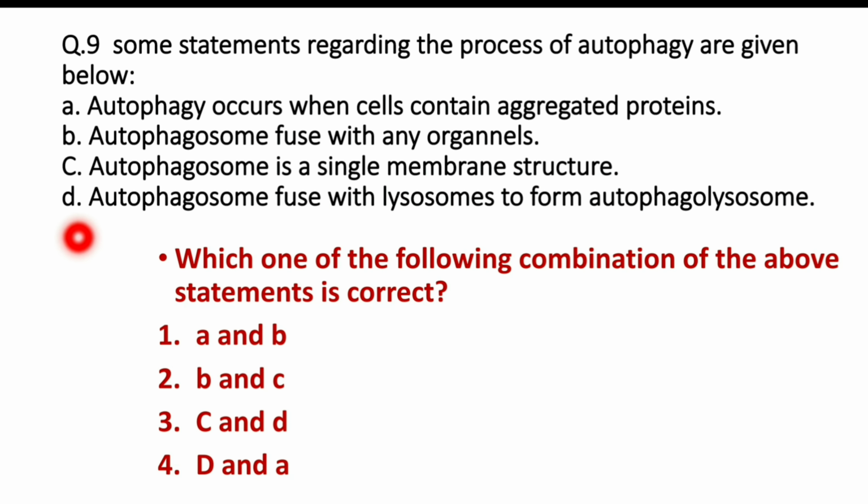D. Autophagosomes fuse with lysosomes to form autophagolysosome. So the question is, which one of the following combinations of the above statements is correct? The options are A and B, B and C, C and D, and D and A. So the right answer is option 4, D and A.